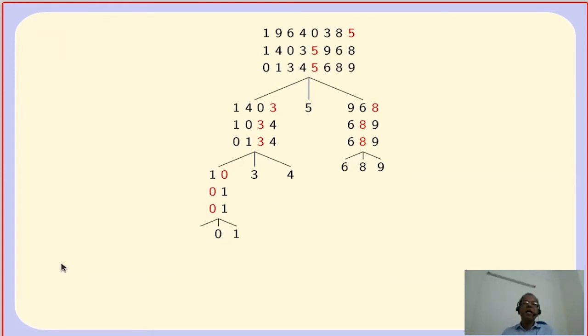I am tracing the idea of quicksort. I denote input by red and output by green. 1, 9, 6, 4, 0, 3, 5. 5 is the pivot.